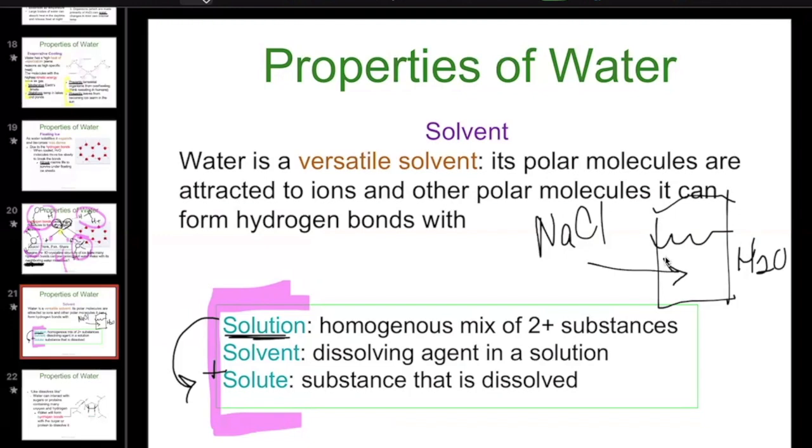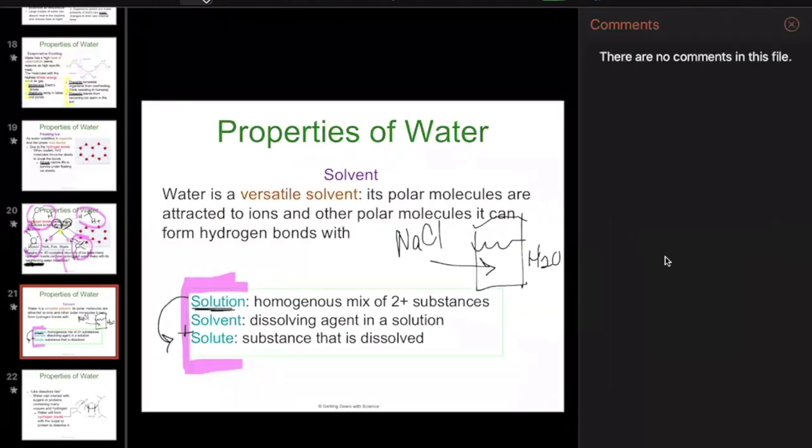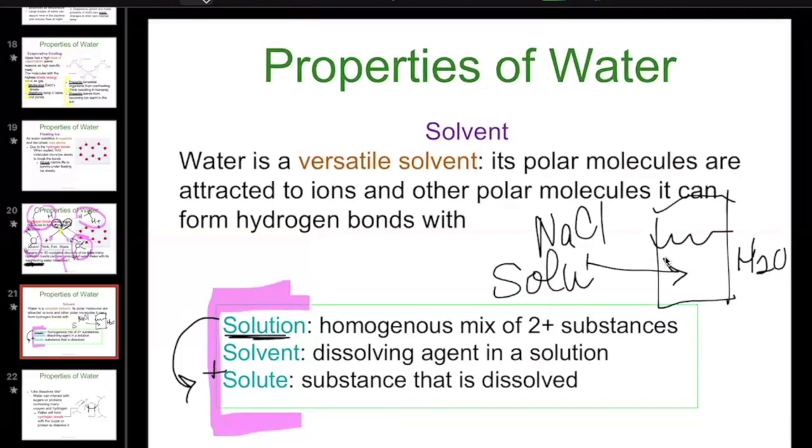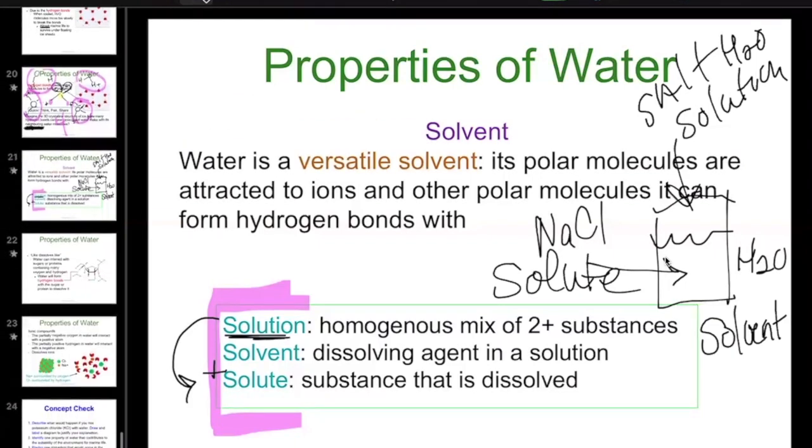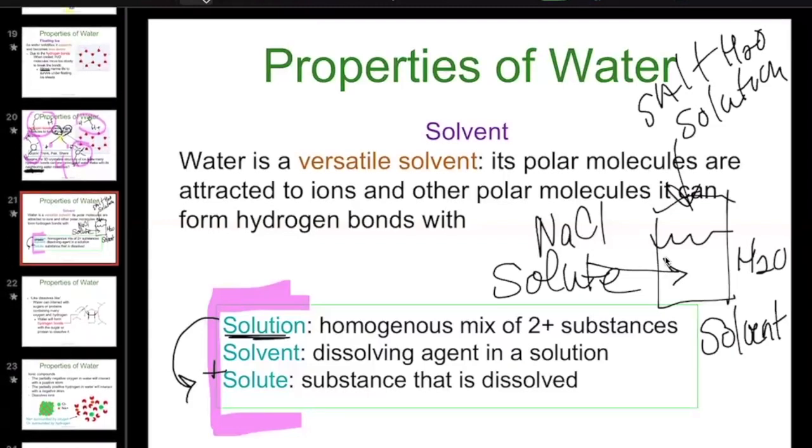So the NaCl is being dissolved, so it is the solute, the water is the solvent, and the resulting salt water is going to be the solution. Okay, so the solution is all of it, the whole system. The solute is what gets dissolved, the solvent is what does the dissolving, and typically, especially when we're talking about biology, we're going to be talking about water as a solvent, because in biological systems, water tends to be the solvent.